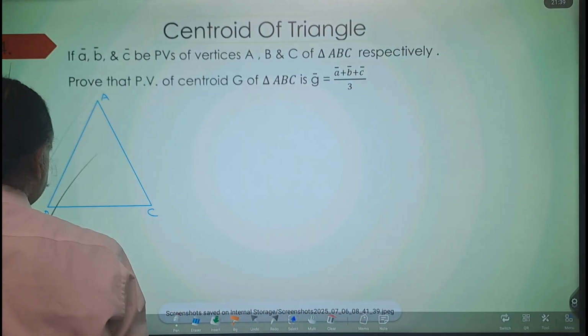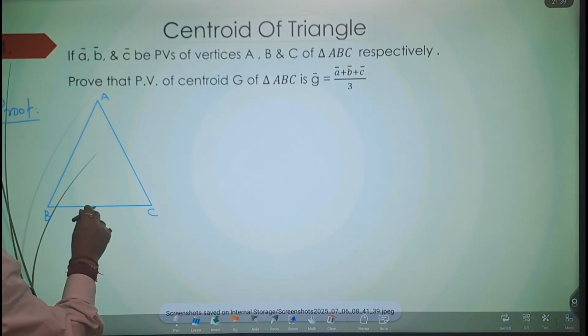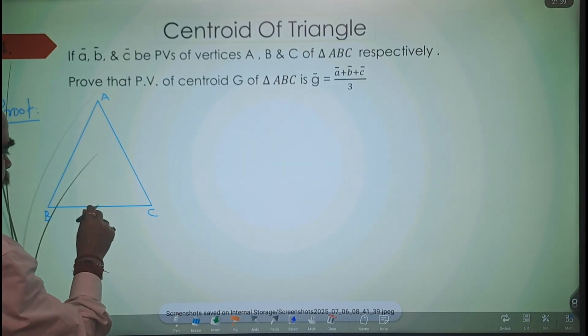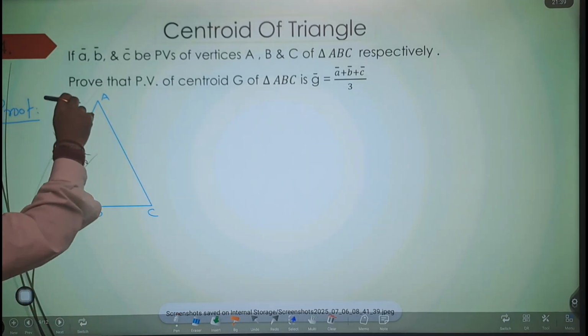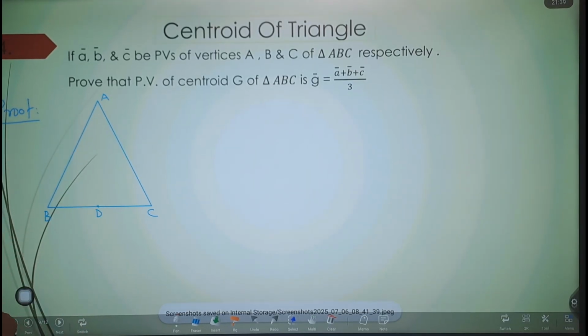So this is triangle ABC. Let AD be its median.